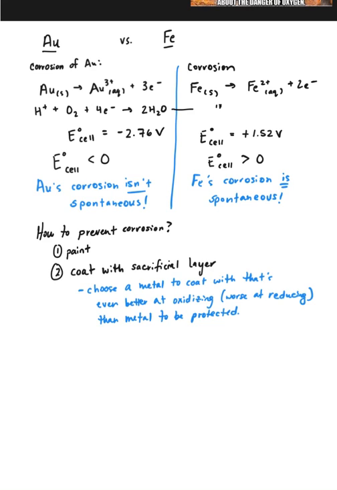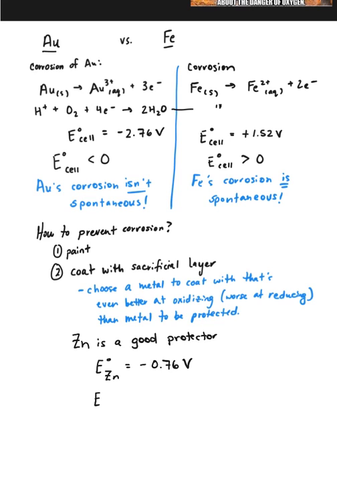One good choice for this purpose is zinc. Zinc is really good at oxidizing, really bad at reducing. Zinc is a good choice because the standard reduction potential for zinc is given as negative 0.76 volts.